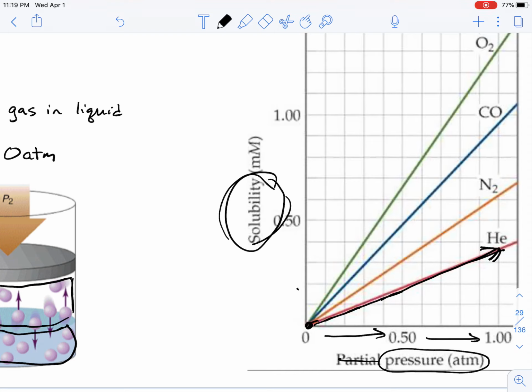So for example, at this amount of atmospheric pressure, it has this amount of solubility. However, at 1 atmosphere pressure, notice how the solubility is now higher when the pressure increases.